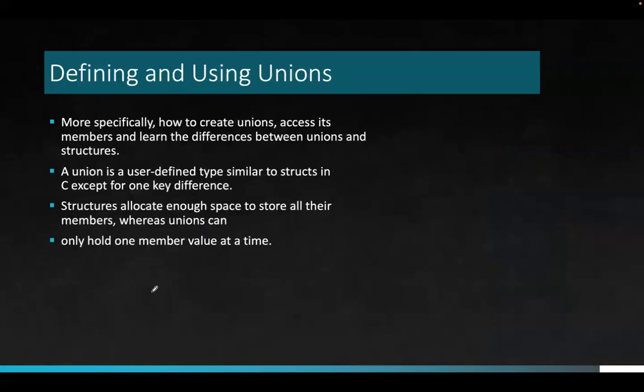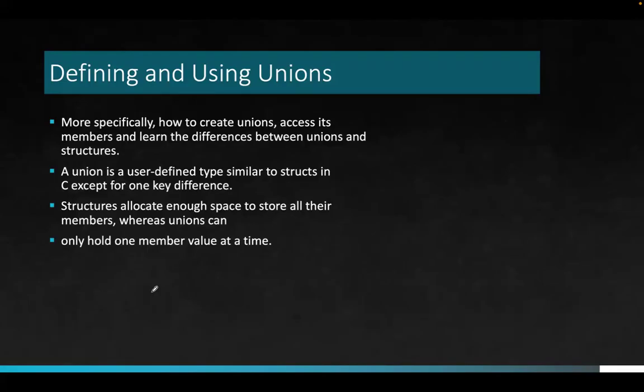Now moving to the next one, defining and using unions. We should be very careful while using unions and structures. Why? Because we'll see. If you want to create unions, a union is similar to a structure. The difference is very simple.